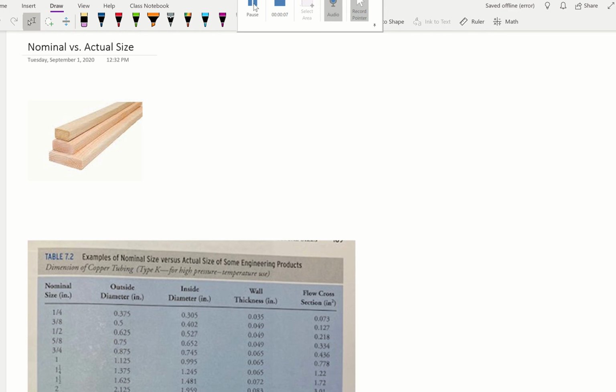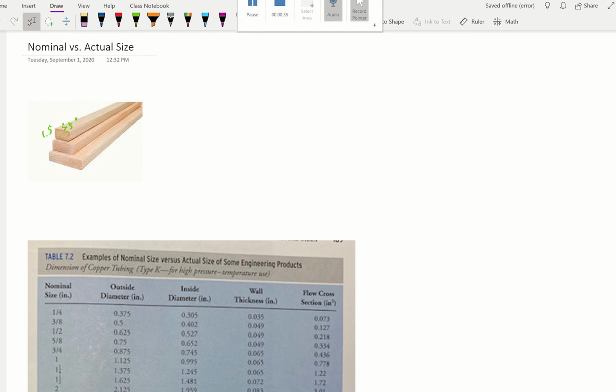When we go to the hardware store, we may buy a 2x4 piece of lumber, and if you were to measure the dimensions of this cross section, this rectangle is actually not 2 inches by 4 inches. The actual width is about 1.5 here and 3.5 right here.